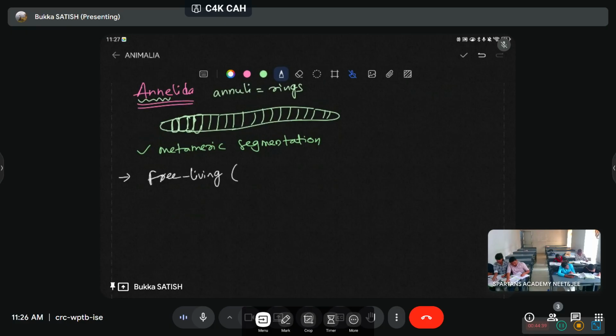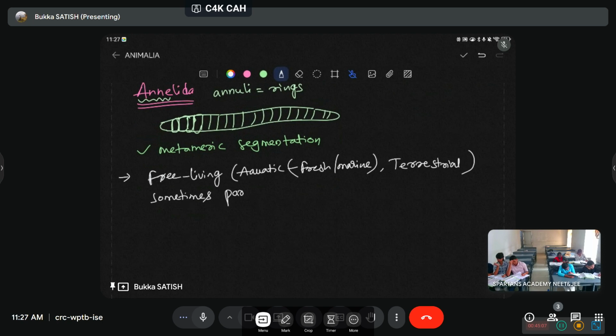They can be aquatic, freshwater or marine water, or even terrestrial forms are present. Parasitic forms are rare, but sometimes they are parasitic. Otherwise, they are free living only.